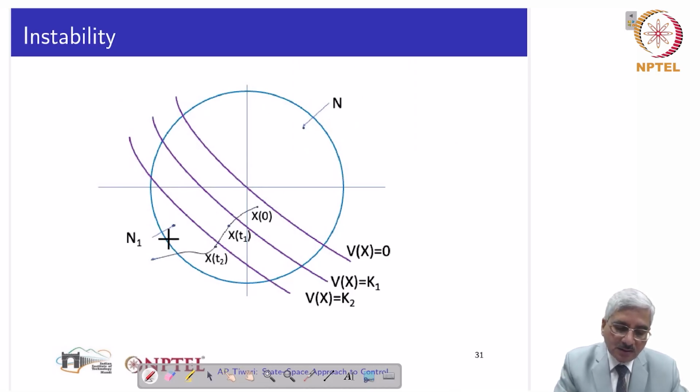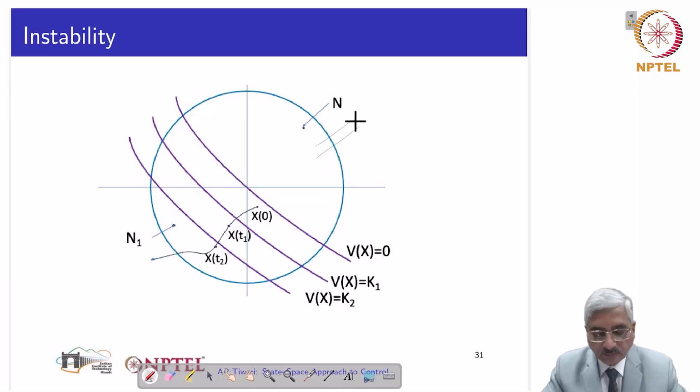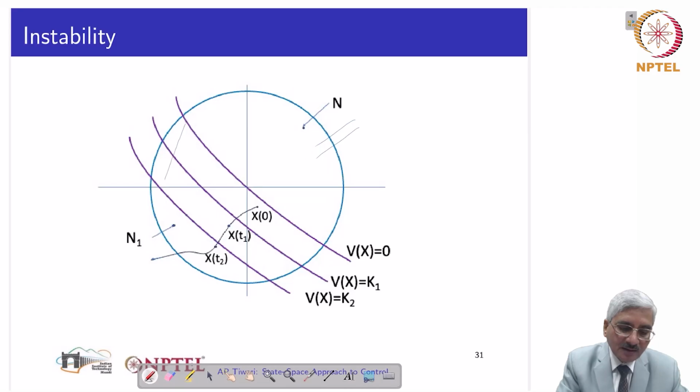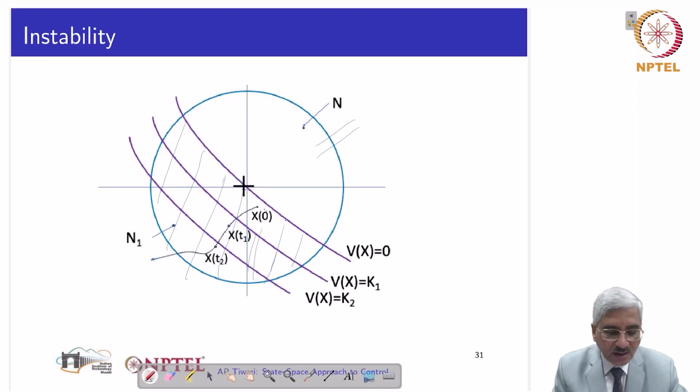This greenish circle is the region N, and in that this is the region N1, and we said that the origin is on the boundary of N1 and N1 is in N.